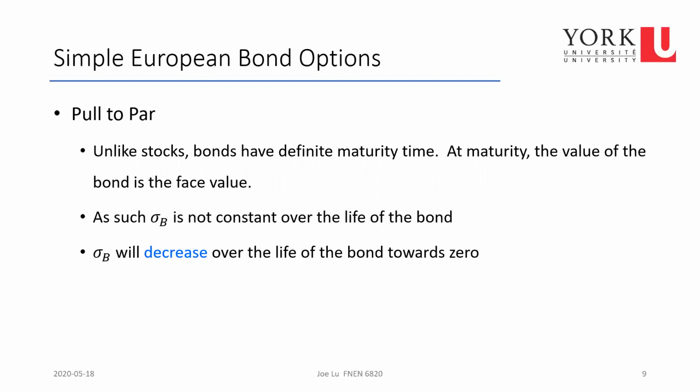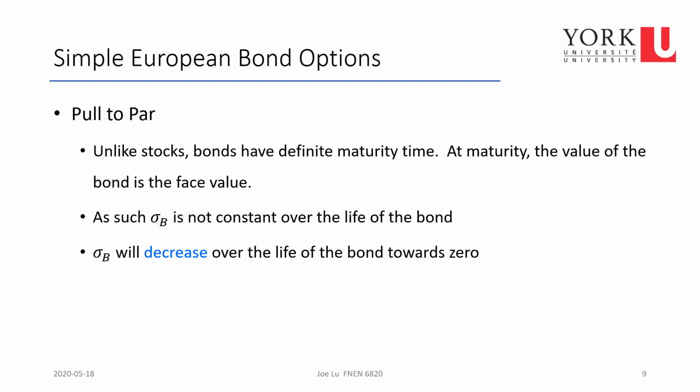So the assumption that this volatility parameter is constant, which allows us to use the Black's approach, would not be a good assumption when we're using a bond that is very close to its maturity.